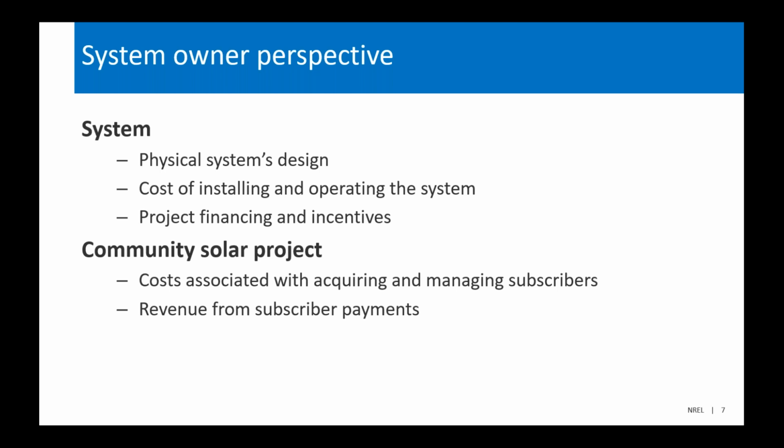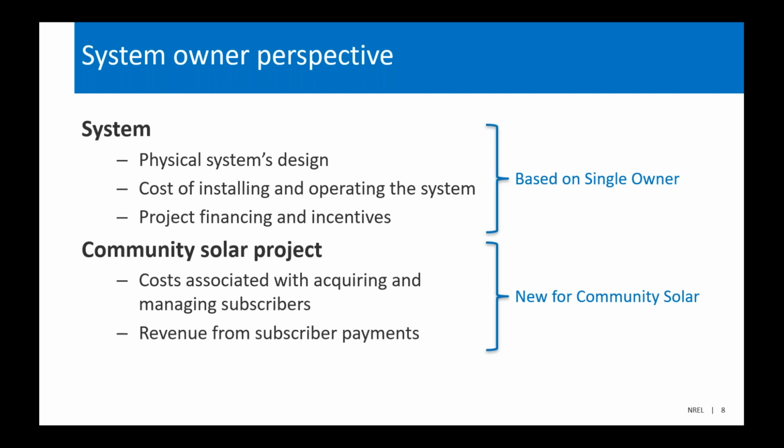It also includes the cost of installing and operating the system, such as for equipment purchases, labor costs, permitting, interconnection, and also project financing, so aspects like debt, taxes, and incentives. The community solar project includes costs associated with acquiring and managing the subscriptions, and also revenue to the project from subscriber payments.